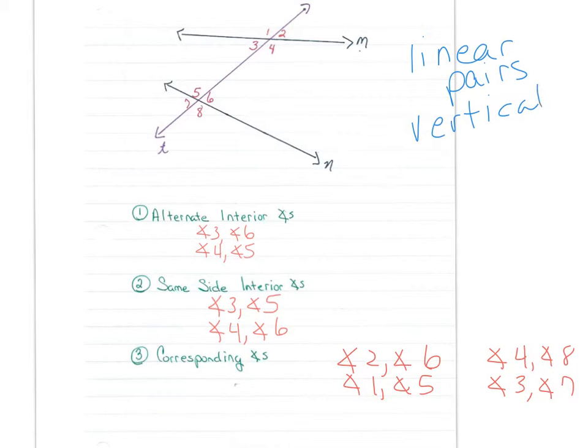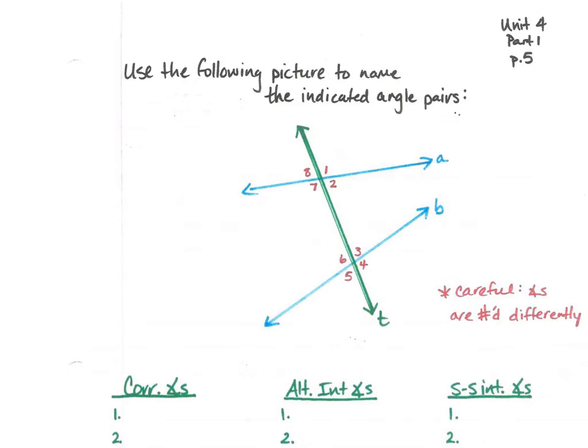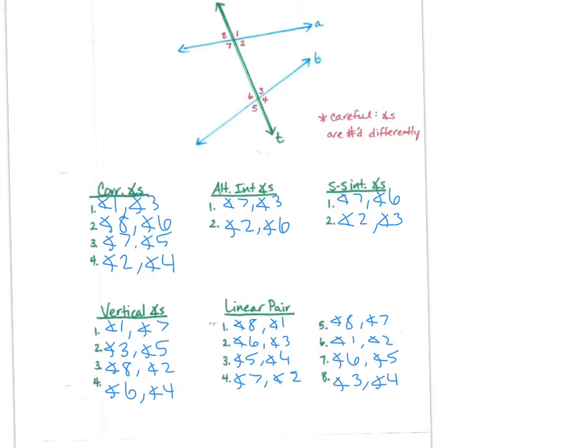So we can't forget that we have linear pairs and vertical angles as well as the different types of angles that we've talked about. All right, take a couple of minutes and name all those different types of angles. All right, so we got all of these different types of angles named. Let's look at the last sheet, which is again a review.